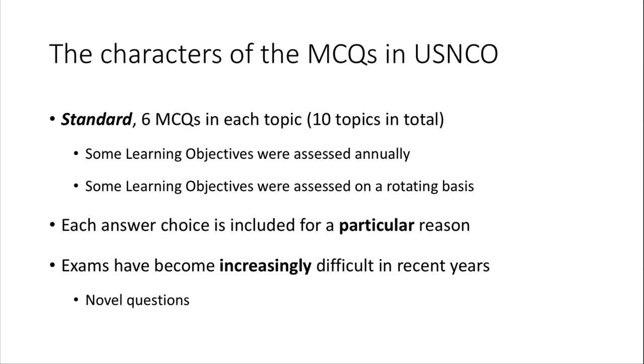And also, you probably realize for each question with answer choices A, B, C, D, there's only one correct answer, but all of the other 3 are there for a particular reason. Typically, they will be the results of a specific mistake you might make, right? So that means they do not randomly make up some wrong answer choices.